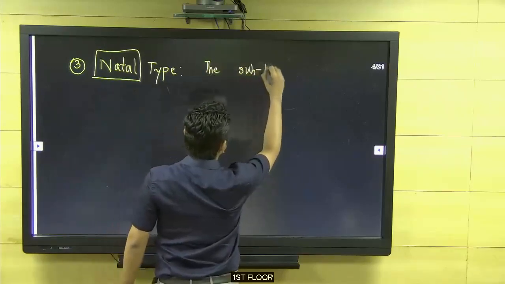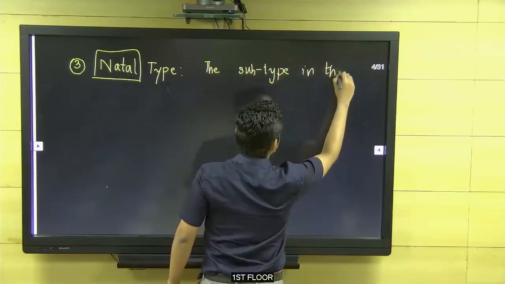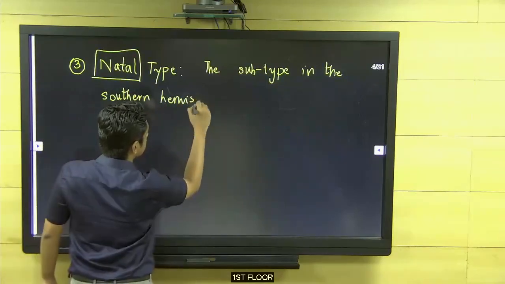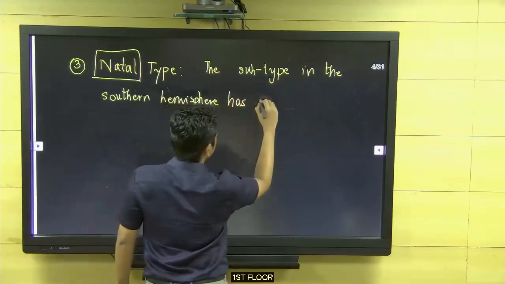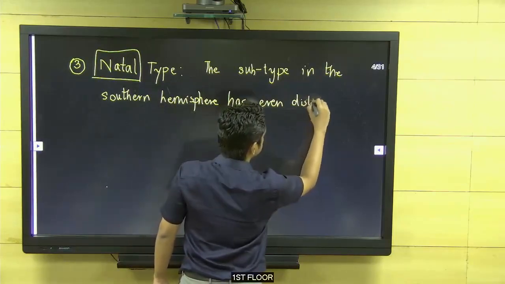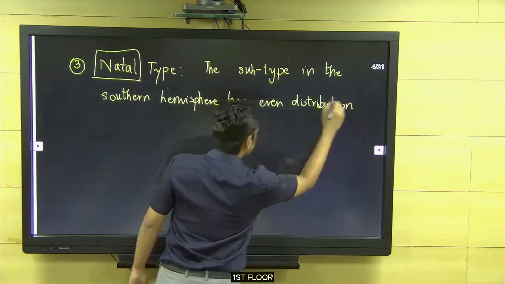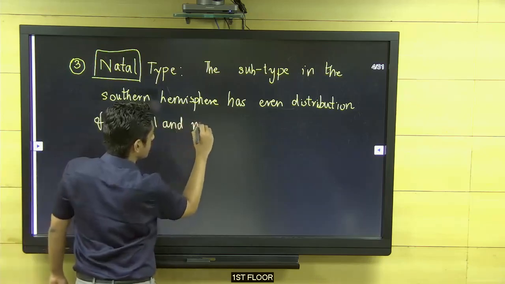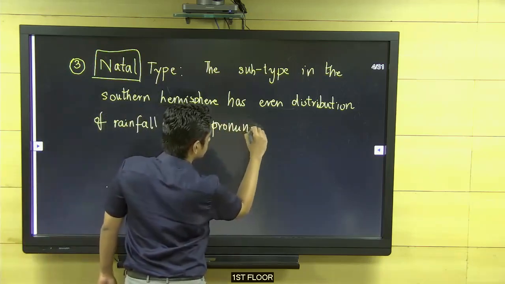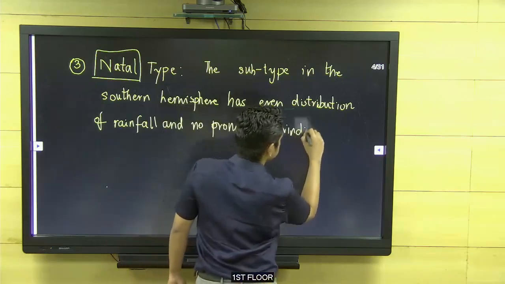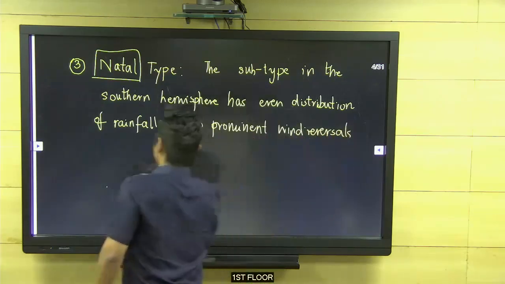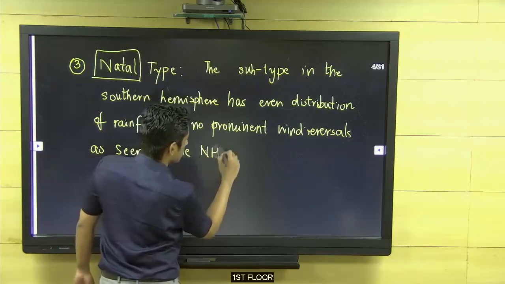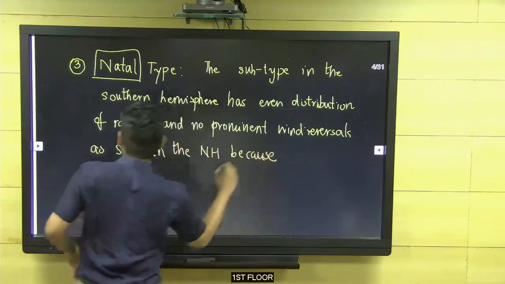The subtype in the southern hemisphere has even distribution of rainfall, and no prominent wind reversals as seen in the northern hemisphere, because, very simple answer, you know this from STEPI climate.